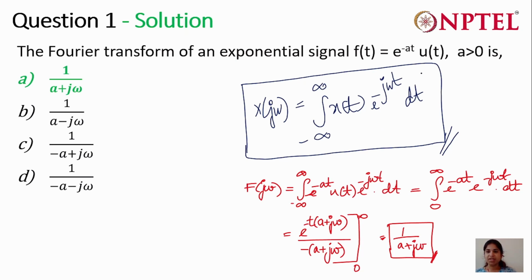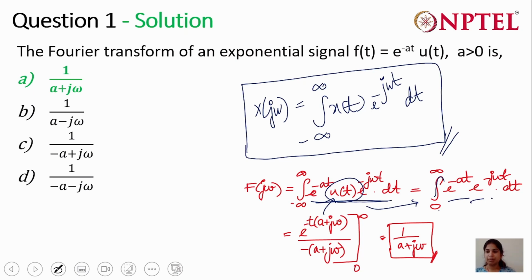Now your x of t is e power minus at into u of t. From what limits does u of t exist? So u of t exists only from 0 to infinity. So this integral goes to integral 0 to infinity e power minus at e power minus j omega t dt.